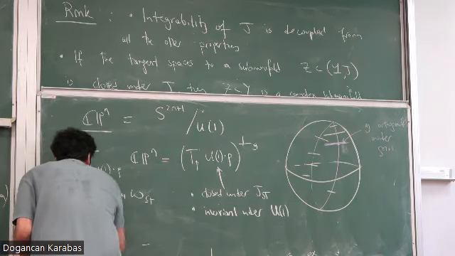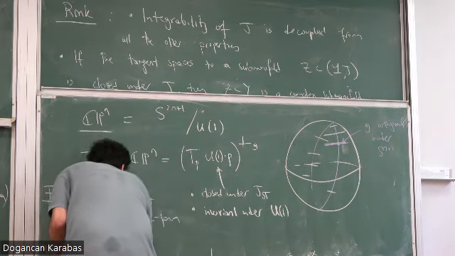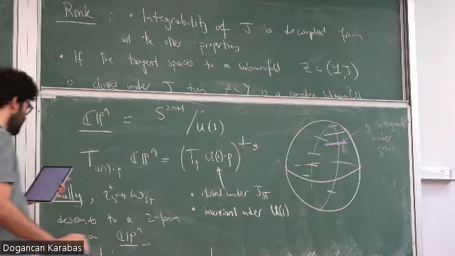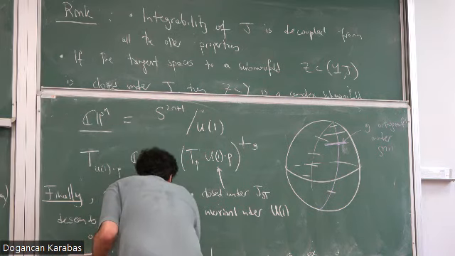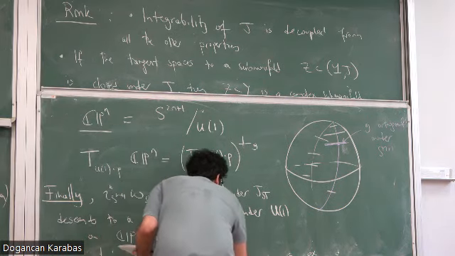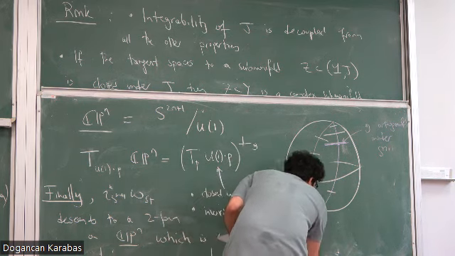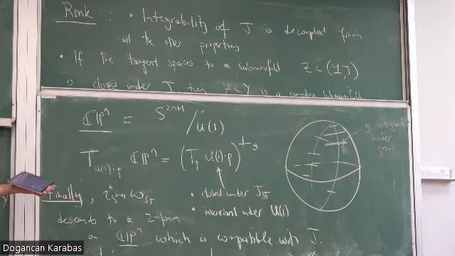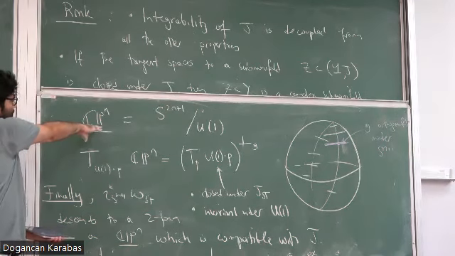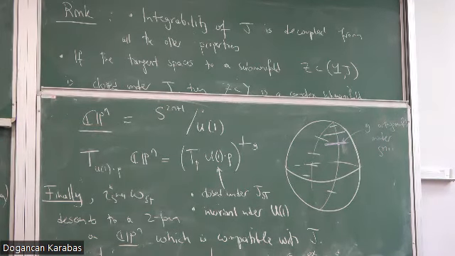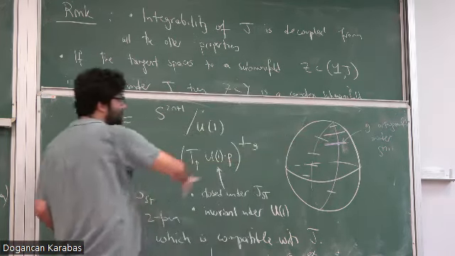Descends to a 2-form on CP^N underline, which is compatible with J. Okay, so there are two ways of getting J: you can take the standard complex structure coming from CP^N underline being identified with the usual CP^N, or you can define it using this description of the tangent spaces.